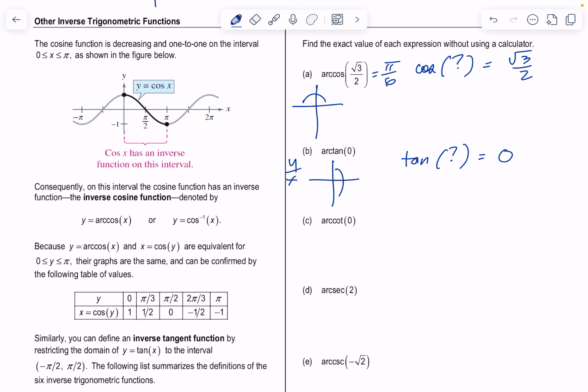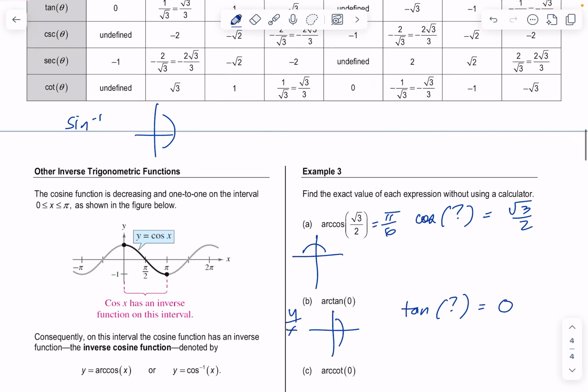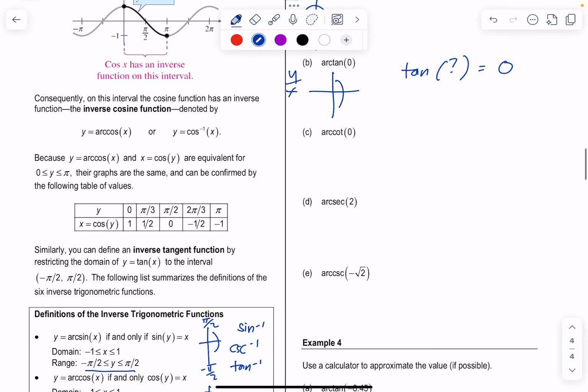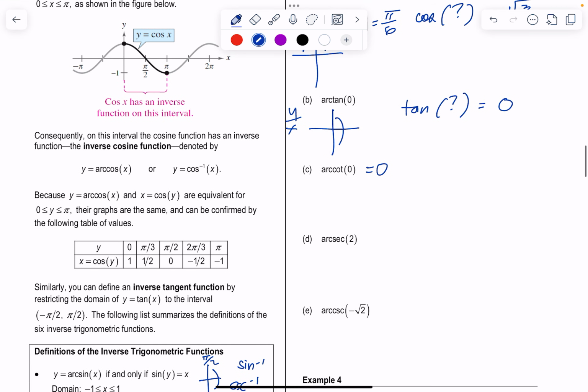So what is y divided by x equals 0? The only way to get a 0 is if you have a 0 on top. So it has a y value of 0. So 0 divided by 1 is 0. So the answer is 0. Yeah, 0 right there. Okay. Now for cotangent.